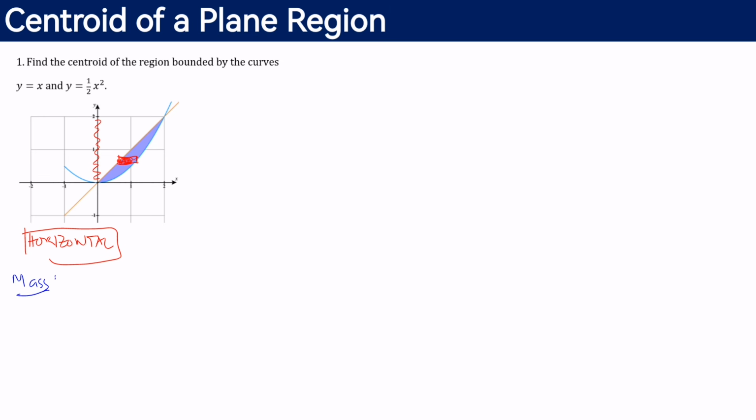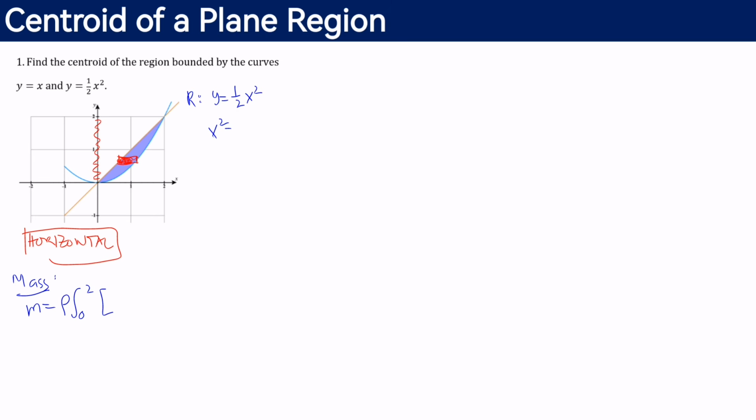So the mass is given by rho, integral from 0 to 2 of the difference of the rightmost function, y equal to 1/2 x squared.